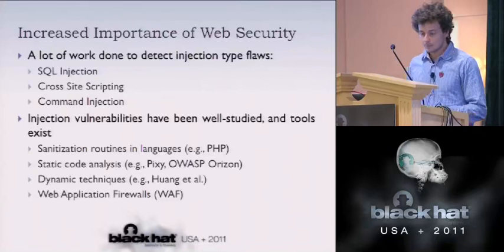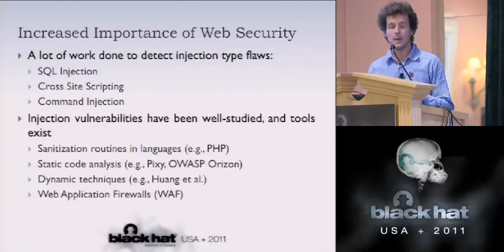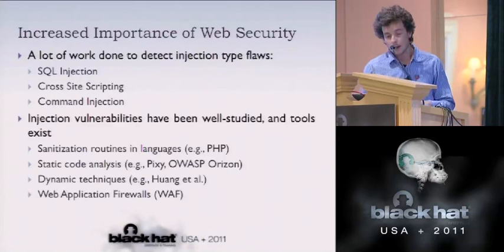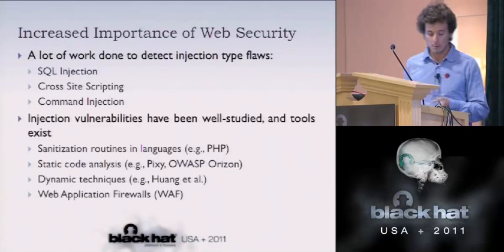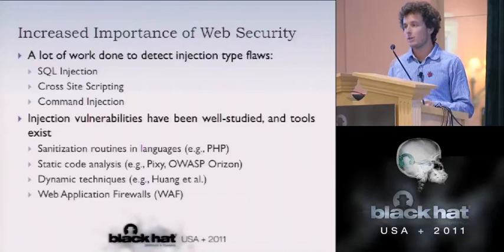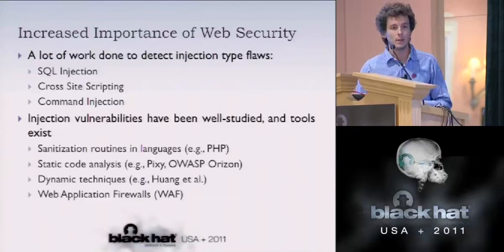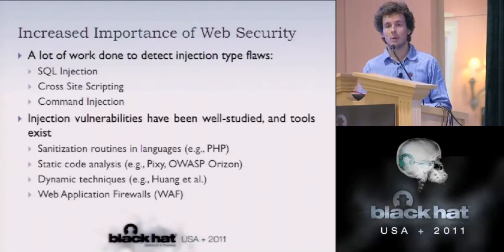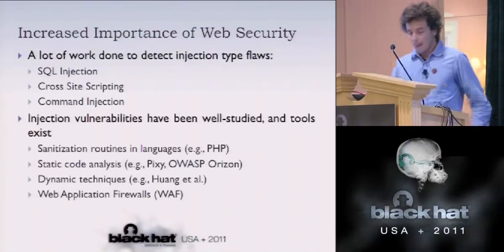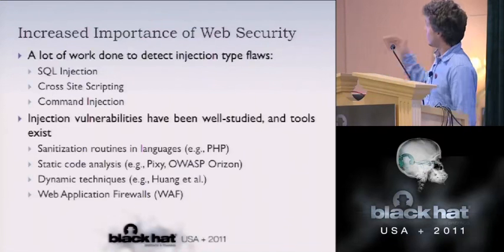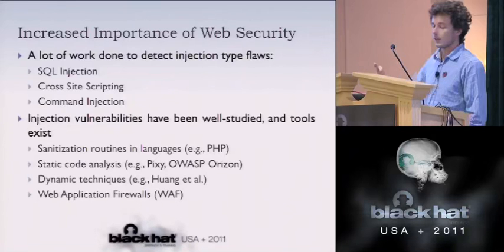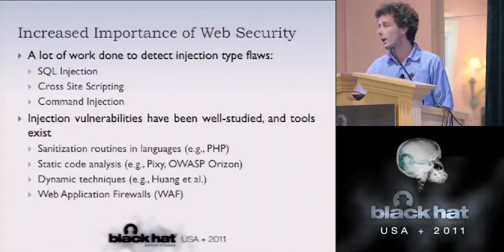Some tools work with a white box approach, analyzing the code using static analysis techniques. Other tools use a black box technique, where they fuzz the application with special input and then check whether the application sanitizes the input or not. As you can see, a lot of work has been done on detecting these classic injection vulnerabilities.